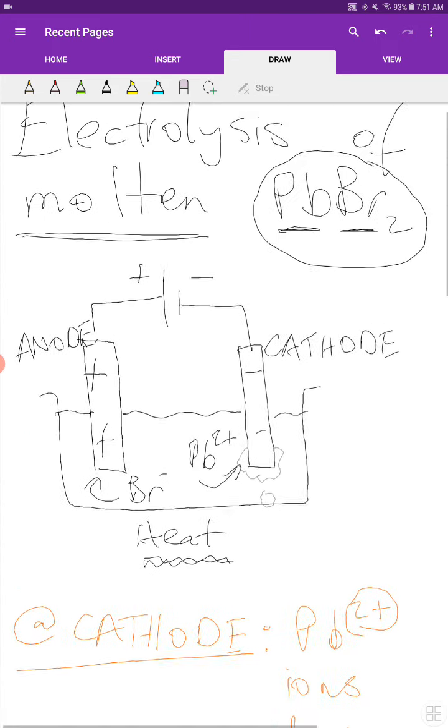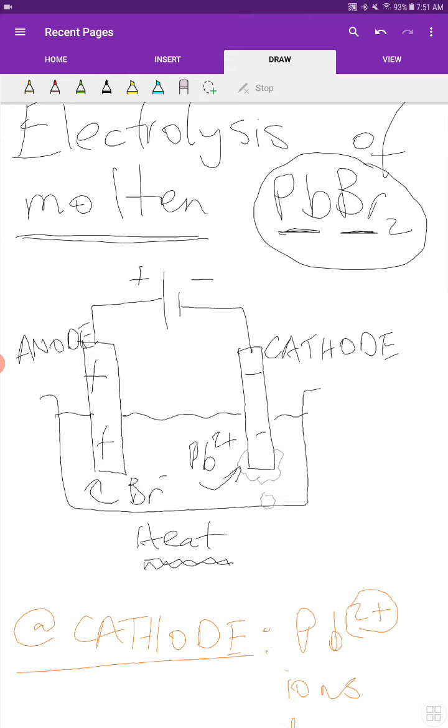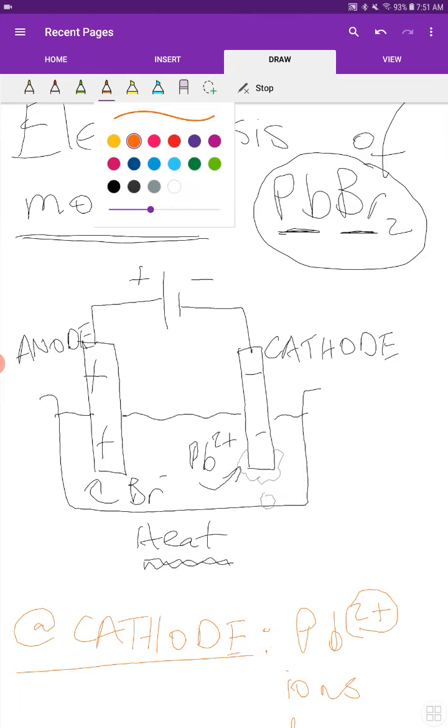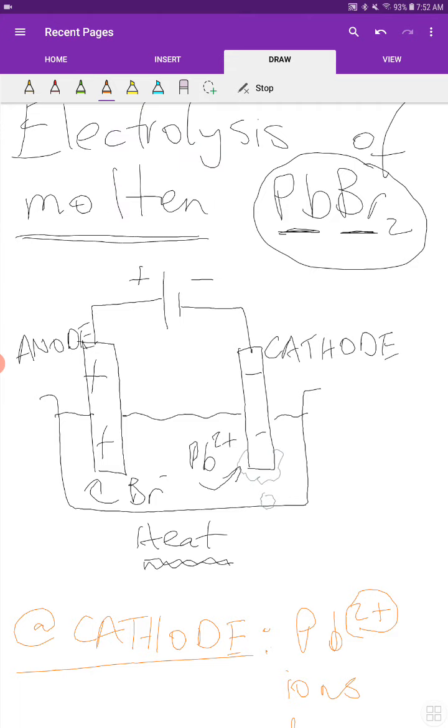Now, here, bromine is a reddish brownish orangish kind of liquid, and because the heat is present, that liquid will come off as a gas. So what are we going to see?